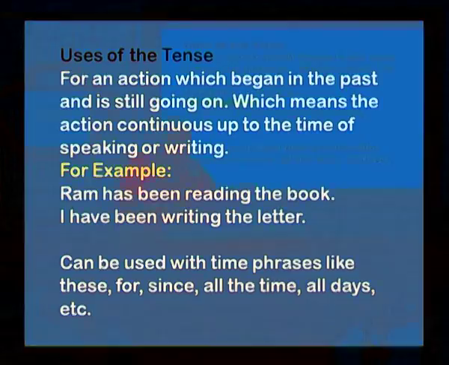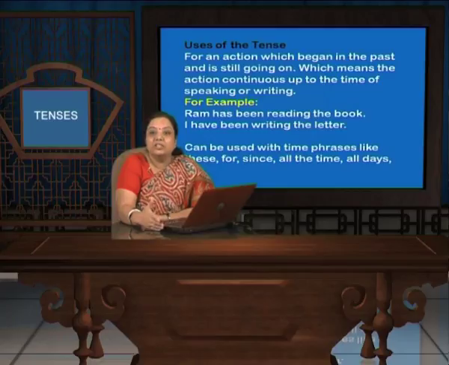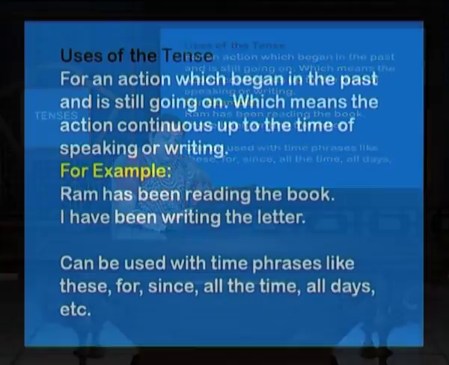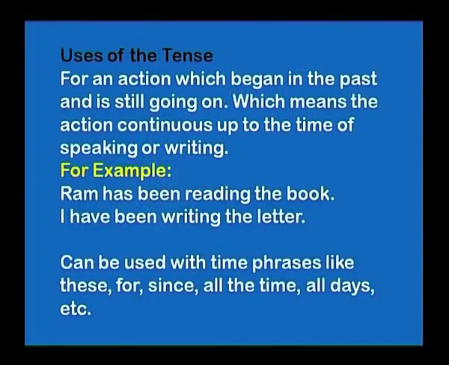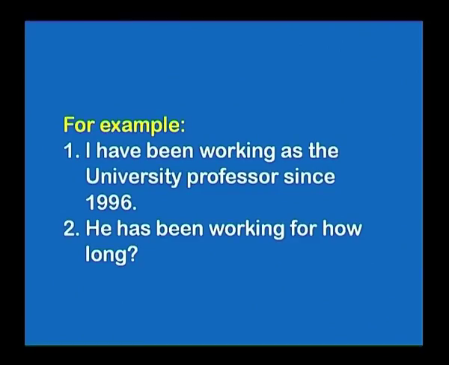I began writing my letter earlier and it has not been completed. It is continuing till now. So, I say I have been writing the letter. It can be used with time phrases like these, for, since, all the time, all days, etc. For example, I have been working as the university professor since 1996. Or he has been working for how long?